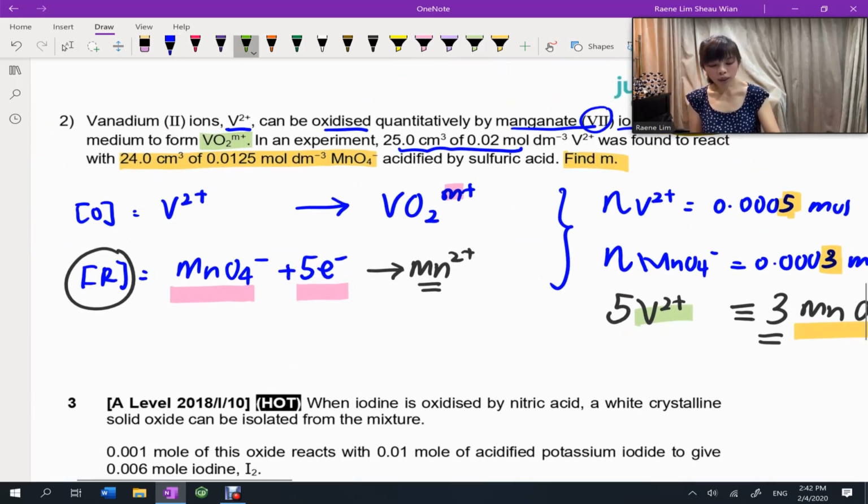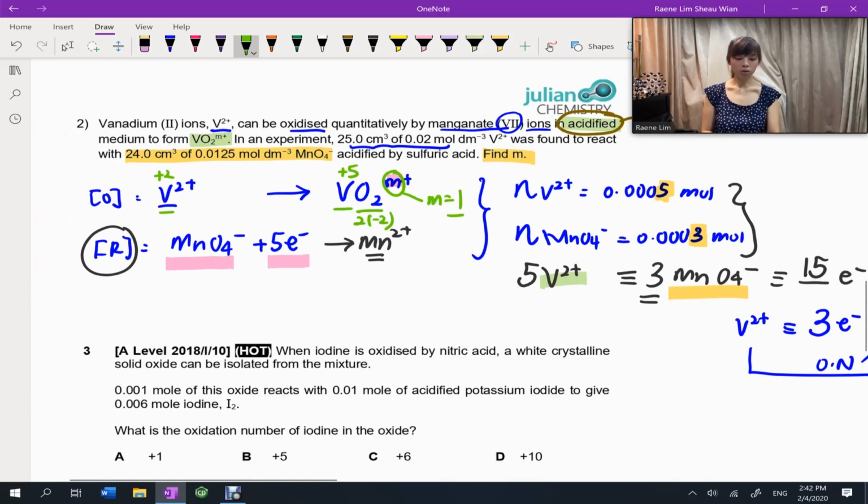Now, if we increase by 3 units from +2, it must increase to +5, right? So that means m here is +5 minus 4, because of the 2 units of O2, and m is +5 minus 4, so m is equal to 1. Okay, so that's how you solve this question here.